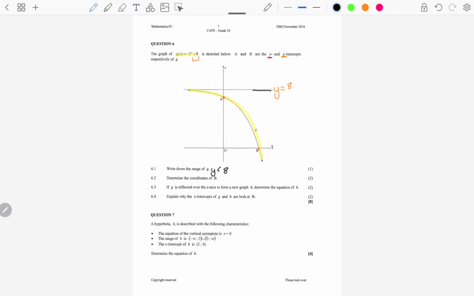Now they want us to determine the coordinates of B. Now the coordinate B is the x-intercept. So if we're trying to figure out the x-intercept, we must make y equal 0. So 0 will equal negative 2 to the power of x plus 8.